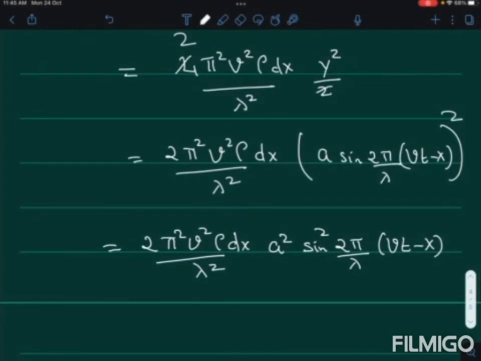This work done, I'll put it as equation number 6. This work done is stored as the potential energy. So equation number 6 is the potential energy.